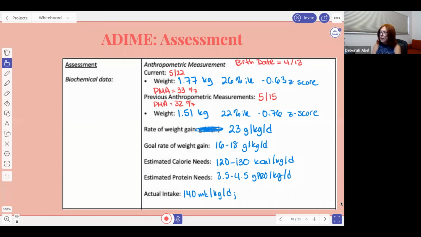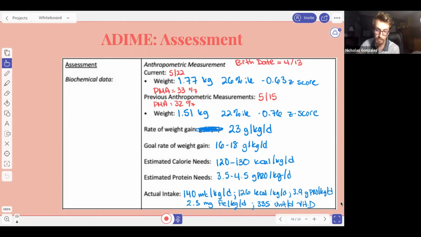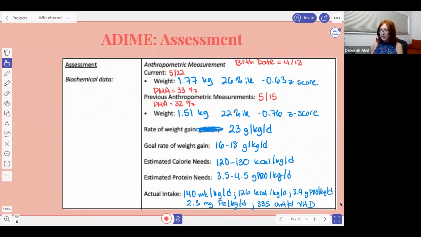So 140, then 126 calories per kilogram, 3.9 grams of protein per kilogram per day, 2.3 milligrams of iron per kilogram per day, and 335 units per day of vitamin D. So that was the actual intake. But we should also be writing down our recommended intake. Is that right? That'll be down in your nutrition intervention.